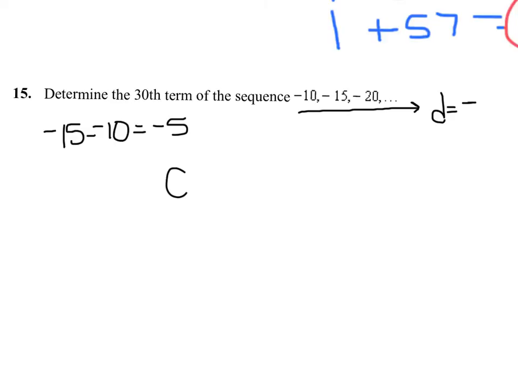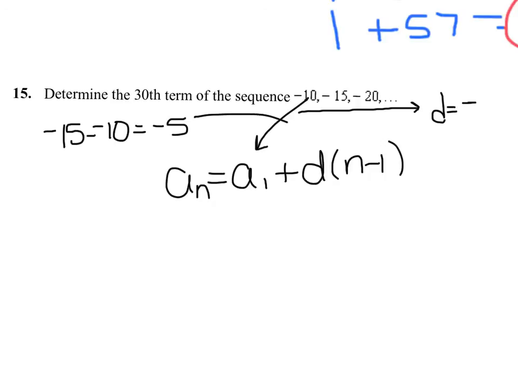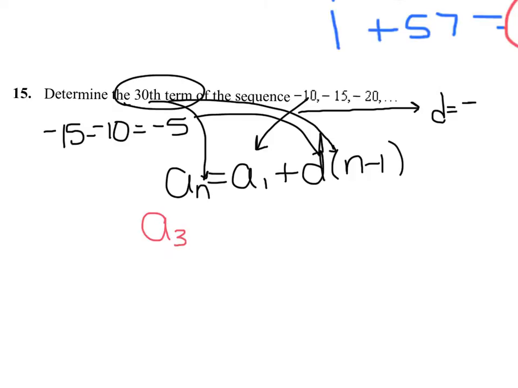So when I'm writing out my explicit formula, I need the first term, which goes into that spot, and my difference, which goes into that spot. And then the 30th term, 30 is what's going to go into my n. So I have a sub 30 equals negative 10 plus d, which is negative 5, parentheses, n minus 1.